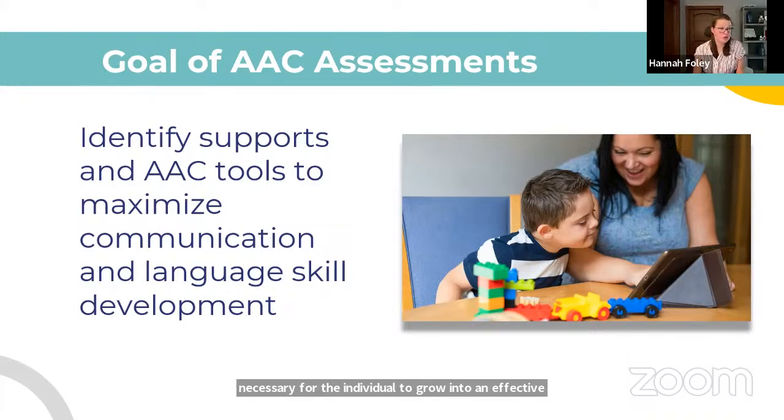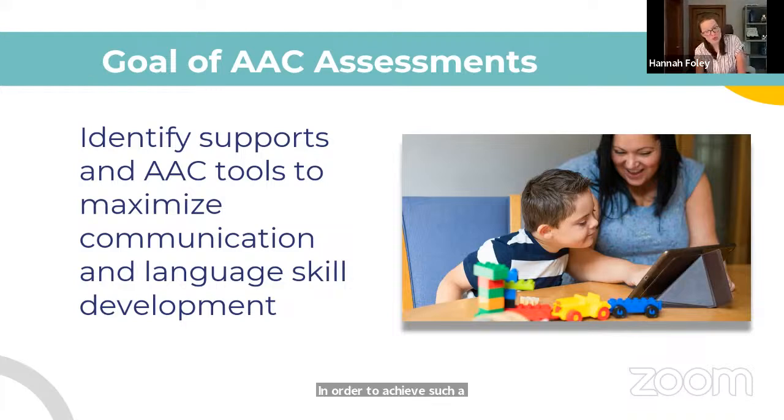This is especially important to remember when the individual has had no experience and exposure to AAC, symbolic representations of language, and/or access methods. In order to achieve such a goal, clinicians use, or should be using, dynamic assessment when evaluating an individual for AAC.